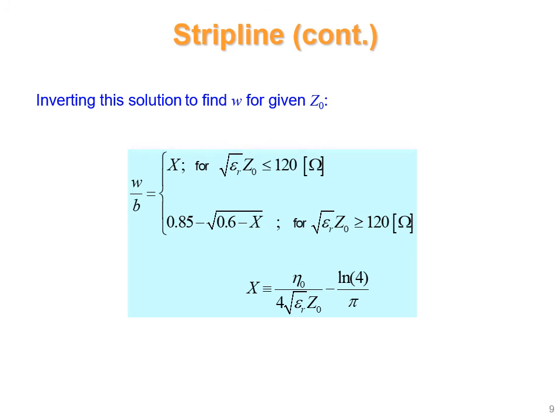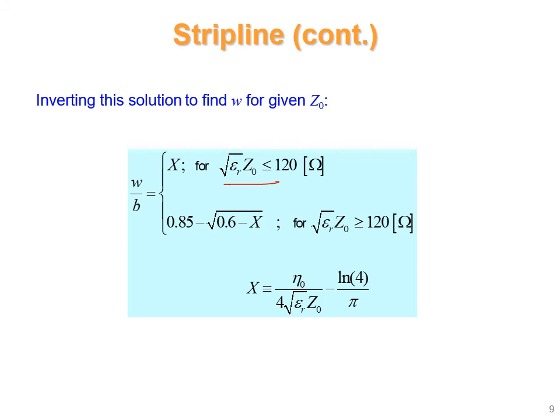So by inverting the impedance equation, we can find the design equation for a transmission line. By inverting this Z0 equation, we can find the W. So W by B also has two equations, depending upon the impedance values, that is, the multiplication factor square root of epsilon r multiplied by Z0.